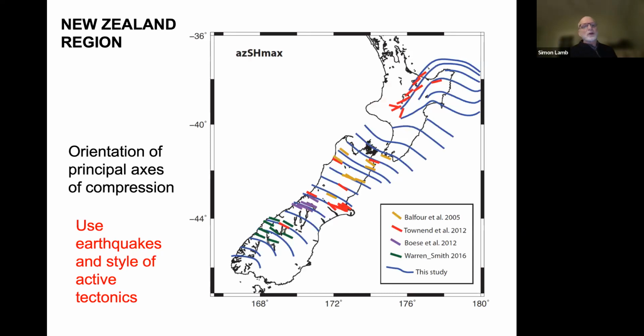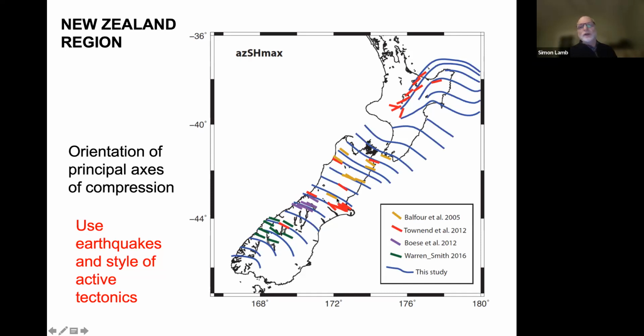The other thing that we can look at is the style of deformation. So basically we're looking at the orientation of the stress tensor. What's the direction of the maximum horizontal principal stress? You can do that from things like earthquakes, whose fault plane solutions give you an idea of the orientation of the stress tensor.